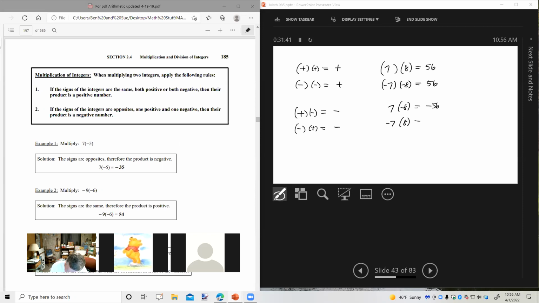Negative 7 times positive 8 would be negative 56. So if you're multiplying two numbers with the same sign, the result is positive. If you're multiplying two numbers with different signs, the result is negative. Let's take a look at some examples of that.